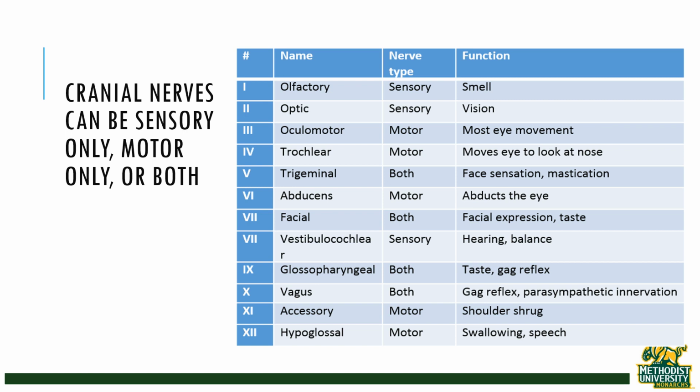The vagus nerve is both sensory and motor, primarily motor. The spinal accessory nerve, or 11, is solely motor, and the hypoglossal nerve is solely motor.